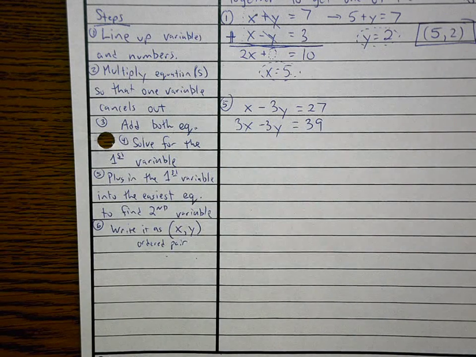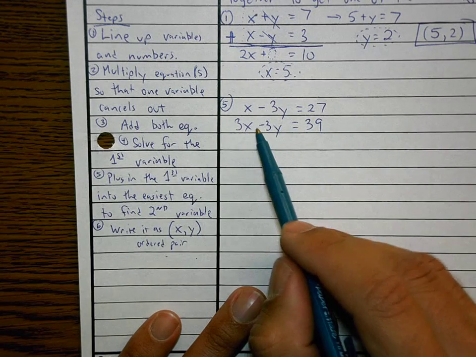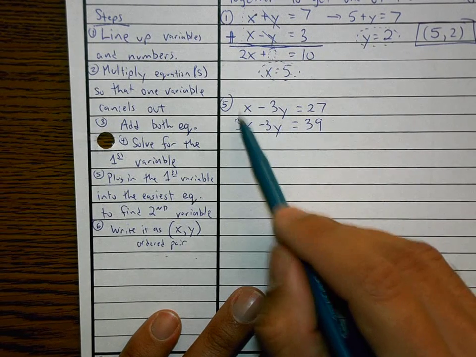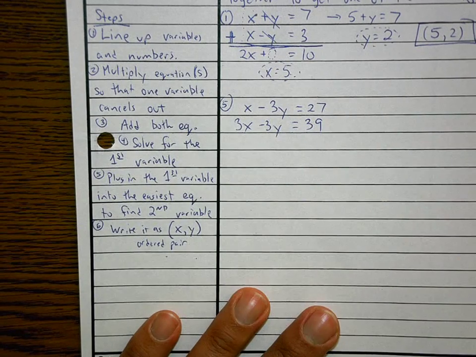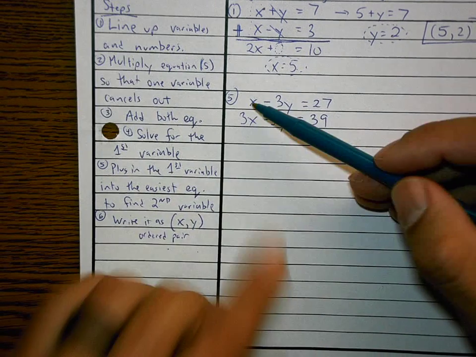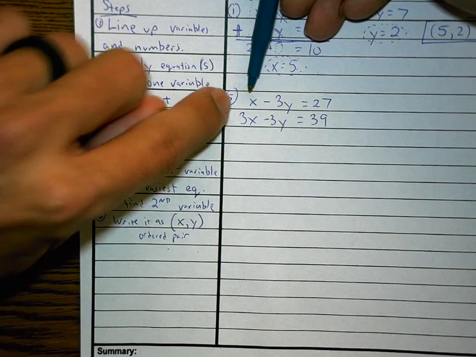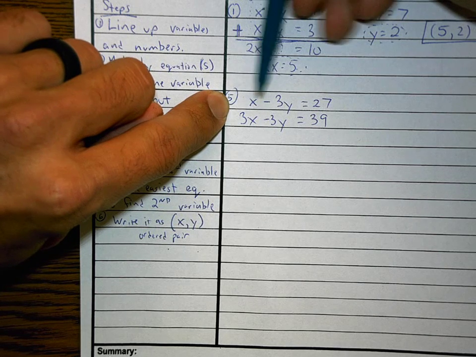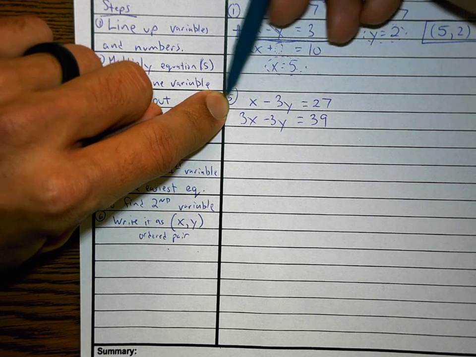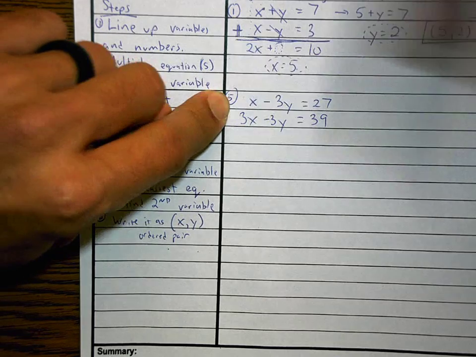In order for them to cancel out, we need to get rid of either the x's or the y's. And sometimes getting rid of the x's might be easier, or sometimes getting rid of the y's might be easier. For example, if I want to get rid of the x's, what I can do is multiply by a -3 to the whole thing, and make this -3x and that a +3x.